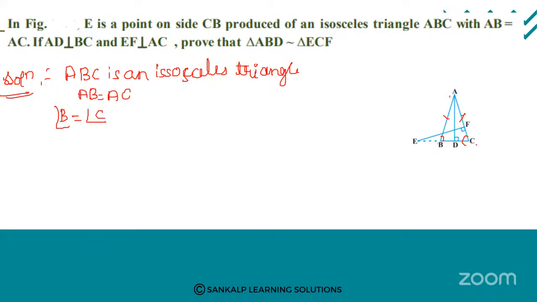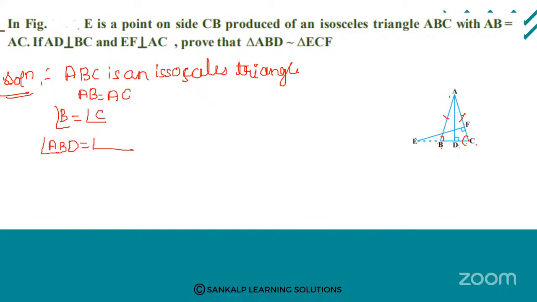angle ABD is equal to angle ECF. See, consider these two triangles ABD and ECF. So B is equal to C. That we can write as angle ABD is equal to angle ECF.